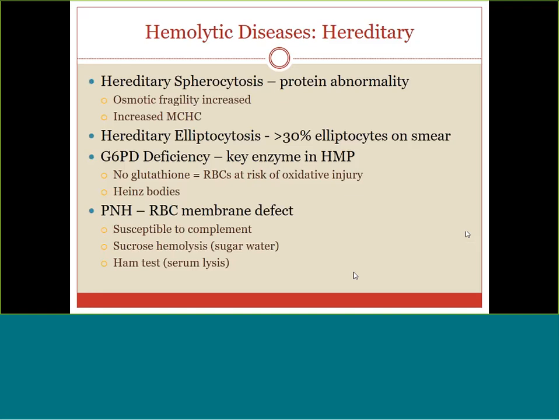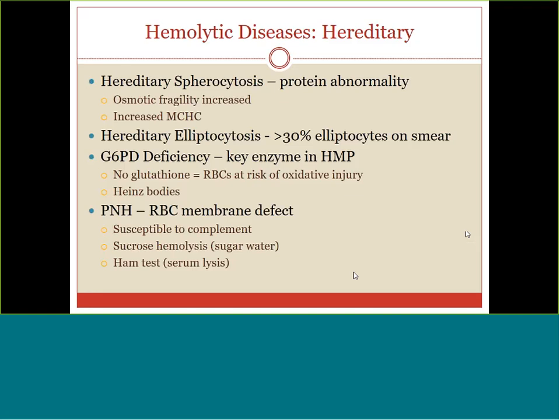And normal red cells can take a little bit because they're not that full before they burst. Well, with spherocytes, because they're so full already and they have no room, they're really rigid, they're full of stuff, if you try to add anything to them, they burst really easily. And so that's what it means by increased fragility. They're fragile, they burst quicker. So that's osmotic fragility for hereditary spherocytosis.